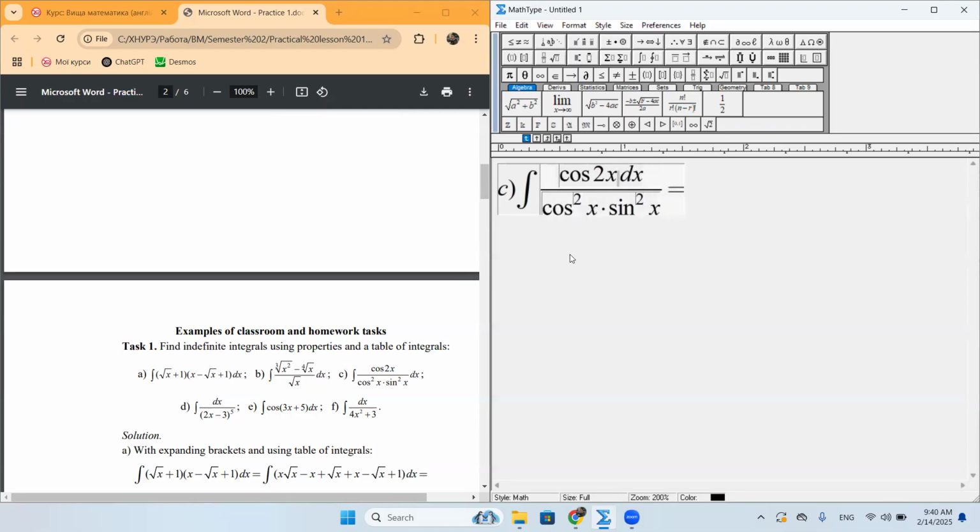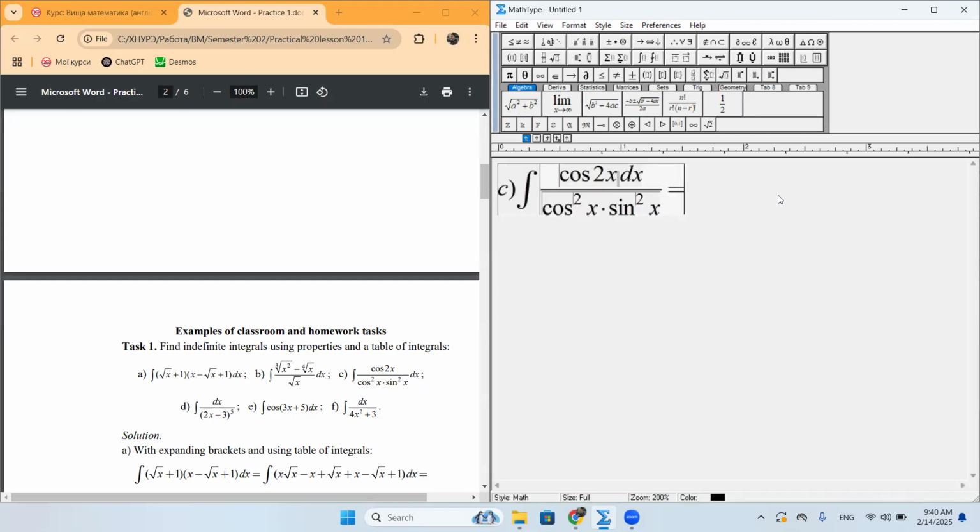Okay, your ideas, suggestions, how to solve it. How to start solving. What can we do with this expression?